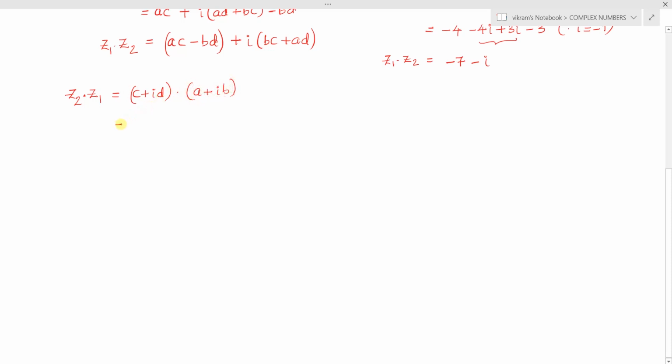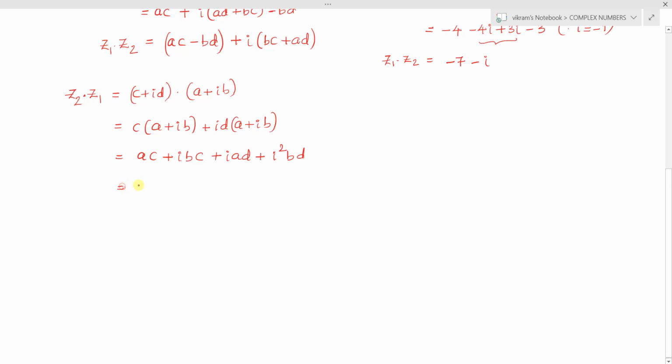This equals c times a plus ib plus id times a plus ib, which is ac plus i times bc plus i times ad plus i square times bd.